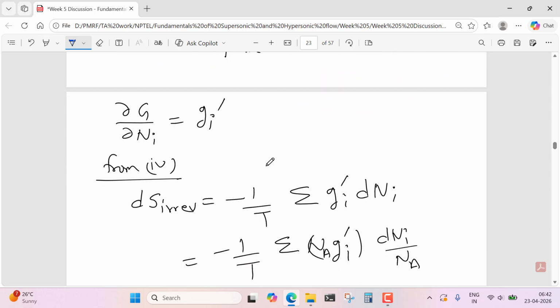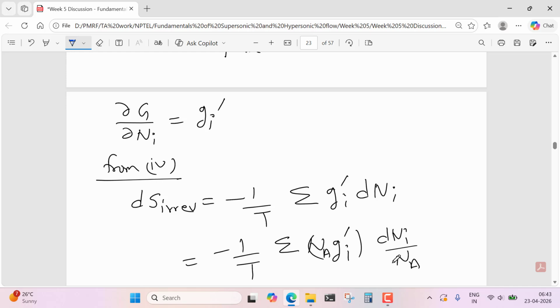We can write it as dS irreversible equal to minus 1 upon T sigma Gi dash dNi. Now this is the number of particles. We can multiply it by Na and divide by Na.